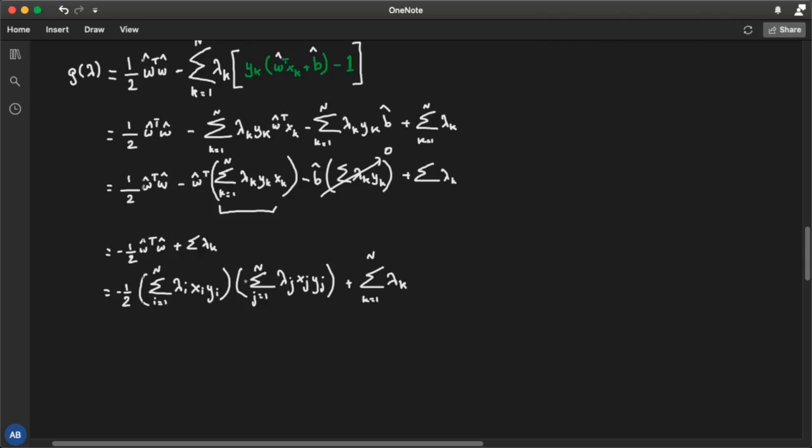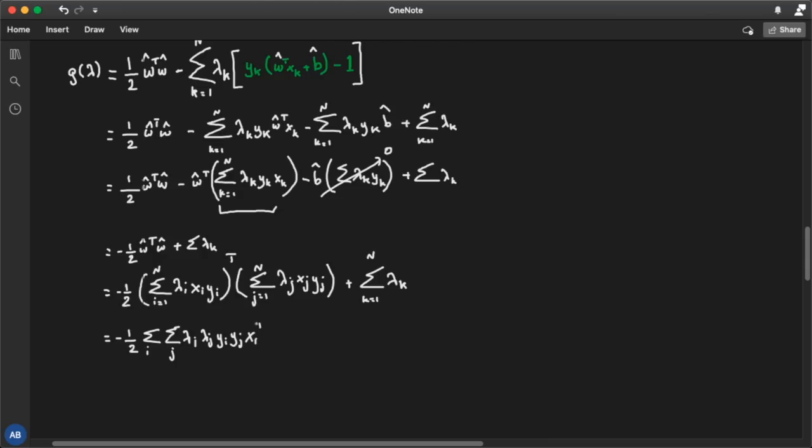Okay, let's multiply both summations to get a minus half and a double sum on i and j. Lambda i, lambda j are scalars. yi, yj are scalars. And an xi transpose. Ooh, I forgot a transpose over here.